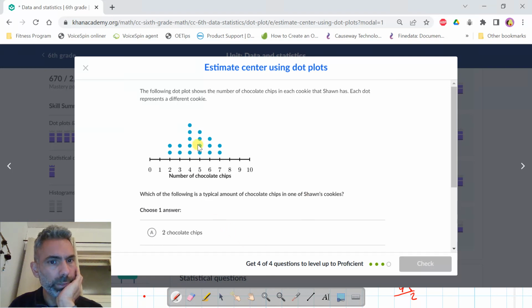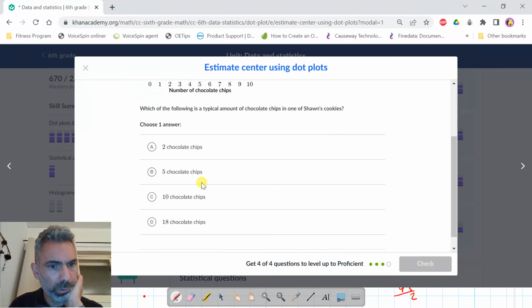But on the other hand, you see that 5 cookies have 4 chocolate chips on them.